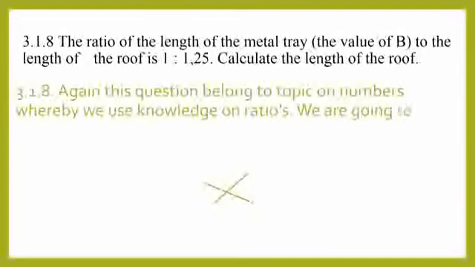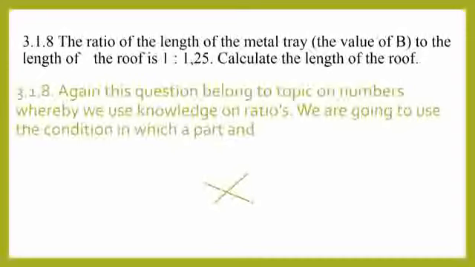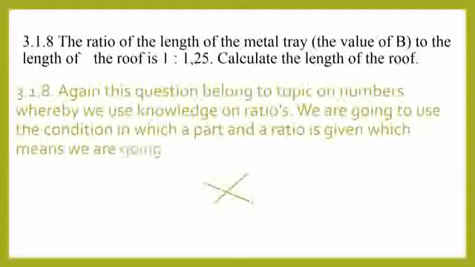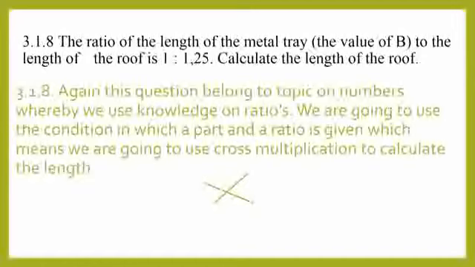We are going to use the condition as prescribed in those particular scenarios in which a part and a ratio is given, which means we are going to use cross multiplication to calculate the length of the roof, which we can name as line F.